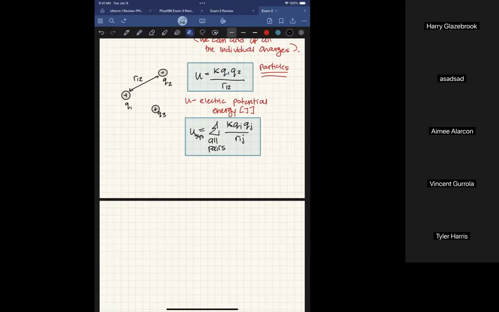If I wanted the potential energy of this system, it's going to be the potential energy between 1 and 2, plus the potential energy between 1 and 3, plus the potential energy between 2 and 3.